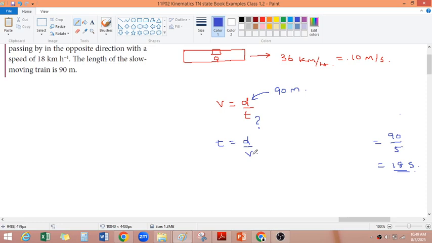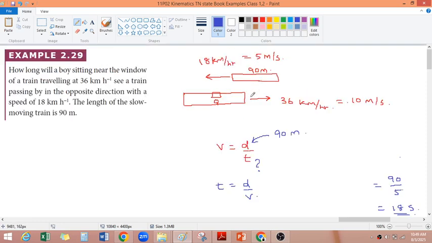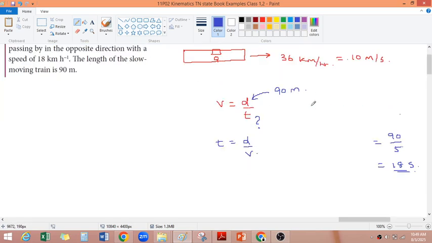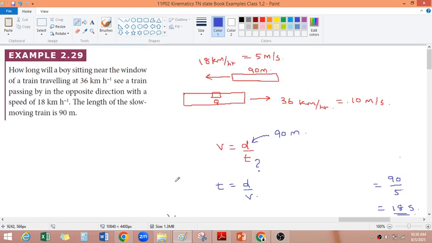So you should not take the direct velocity here, I should take the relative velocity because the train will move out of me very quickly because I'm also moving in this direction. So if you get that idea, it's very easy.